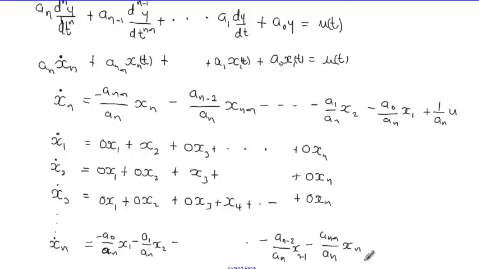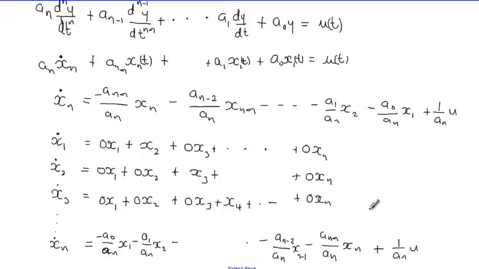I hope you see that these variables are now organized x1, x2, x3 up to xn. And then here there is plus 1 over an times u. Now you can see that the previous terms stop in this column, but they don't have this.